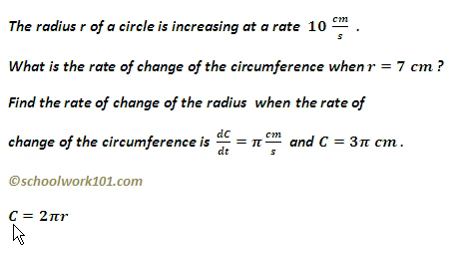Now here is the relationship of the circumference and the radius, and see anything fishy here? Well, in the previous problems we were talking about the area, and remember area was pi r squared, and if you took the derivative of the area, you got 2 pi r.